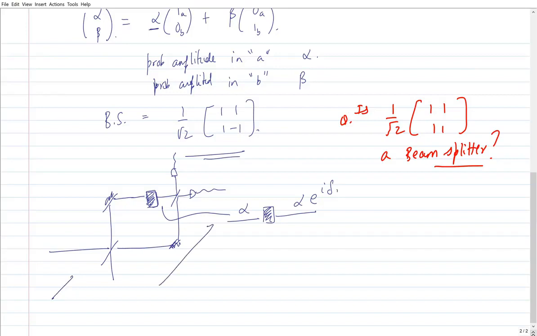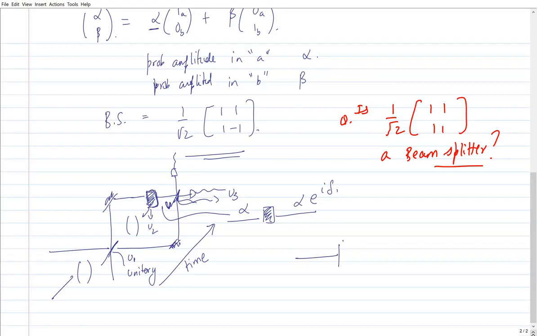Here was the direction of time, and as my quantum state propagates through a unitary operator, again a phase shifter, another unitary operation over here, and this beam splitter is, let me call it U1, this is U2, another unitary operation U3, I can conveniently represent it as a circuit.